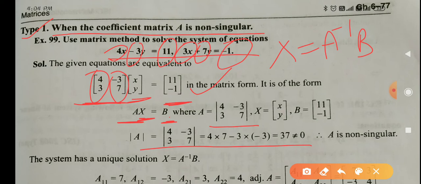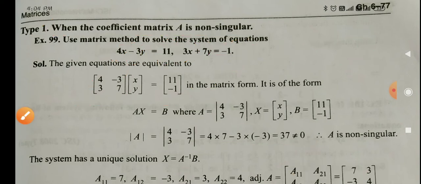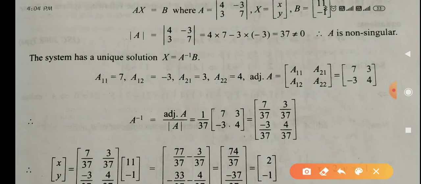So it means that you can write x equals A inverse B. Now you write x equals A inverse B. Now first of all A inverse you find. I told you how to find A inverse in the last videos, some videos connected to this chapter. So A inverse is adjoint A upon determinant A. Determinant A is 37, so 1 upon 37.